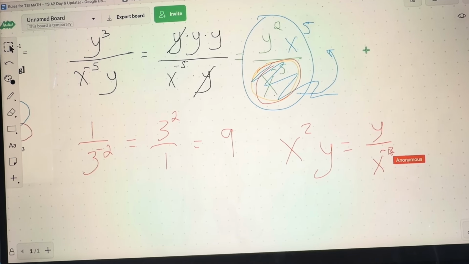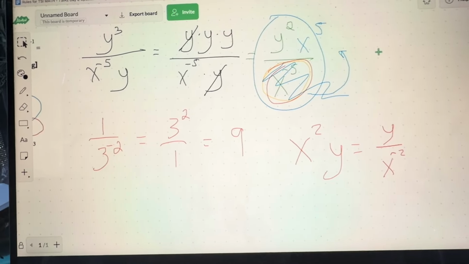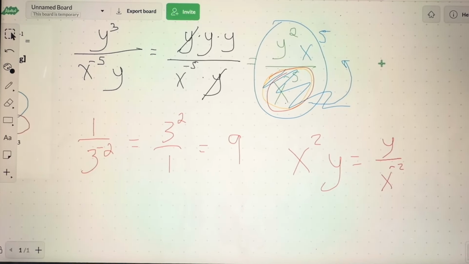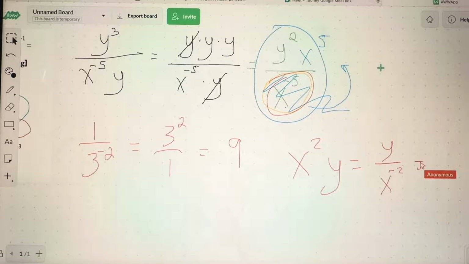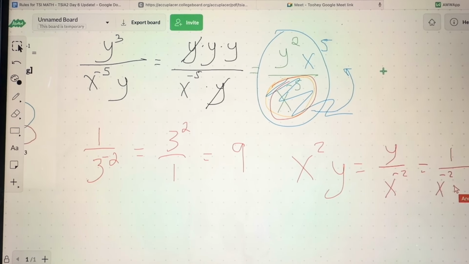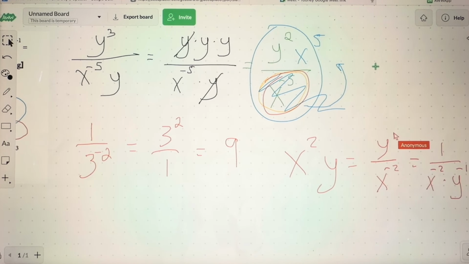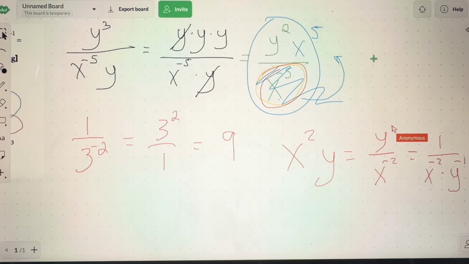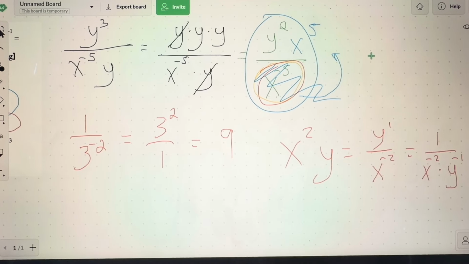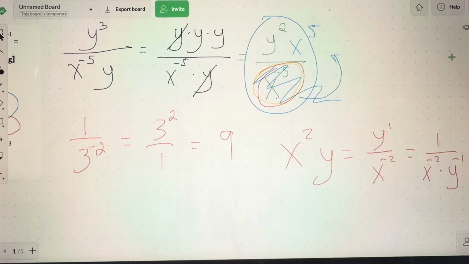You could mess around like that all day long. And heck, we could put the y in the denominator as well. It could be 1 over x to the power of negative 2 times y to the power of negative 1, because there's an implied 1 here as well. Y to the power of 1 is the same as y. And then we pop them back in the numerator again if we wanted to, just change the sign.